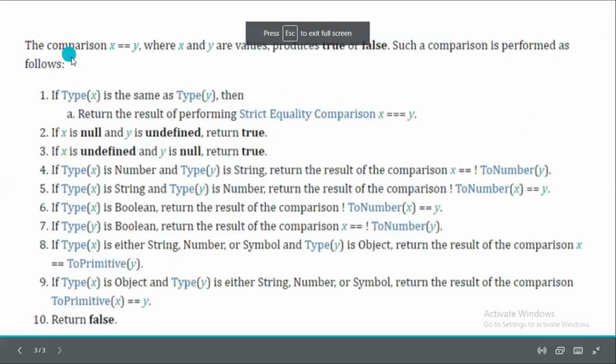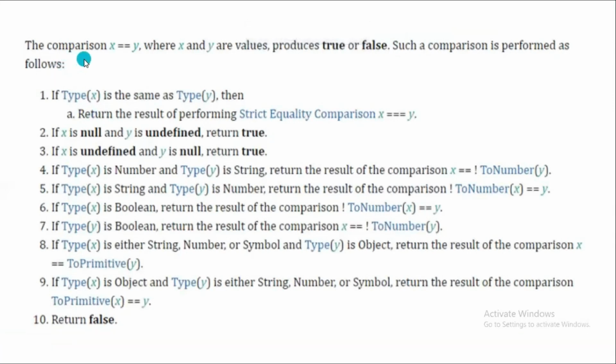For double equal to, it is saying, see, if the type of X is the same as the type of Y, then perform the same operation as triple equal to. You have to perform as per the triple equal to algorithm.